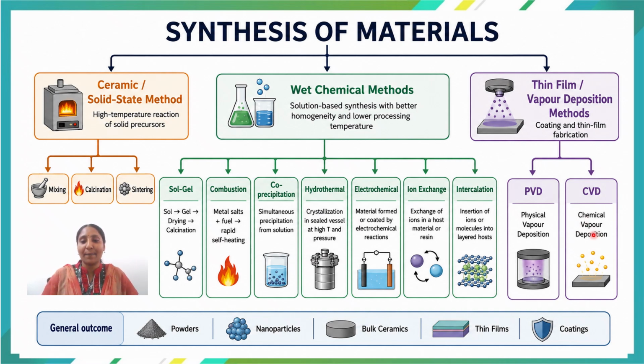So from all the three methods, ceramic or solid state, wet chemical and thin film, we get general outcomes as a powder, that is in precipitated form, or nanoparticles or nanopowders, bulk ceramics. Sometimes the coating is in thin films.